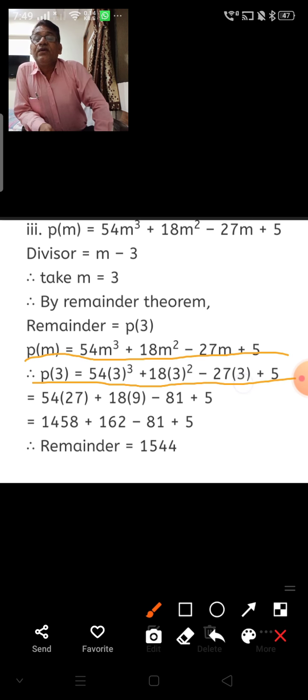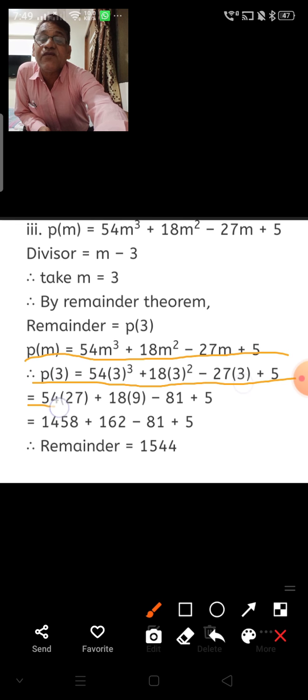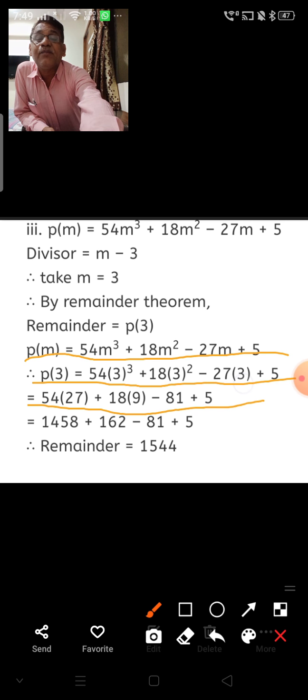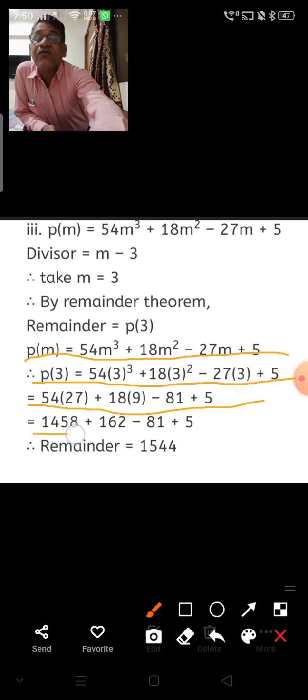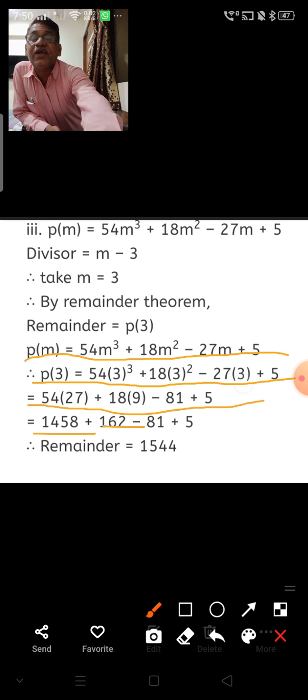Substitute this value. P of 3 is equal to 54 into 3 cube plus 18 into 3 square minus 27 into 3 plus 5. So 54 into 3 cube, which is 27, plus 18 into 3 square, which is 9, minus 81 plus 5. 54 into 27 is 1458, and 18 into 9 is 162, and minus 81 plus 5.